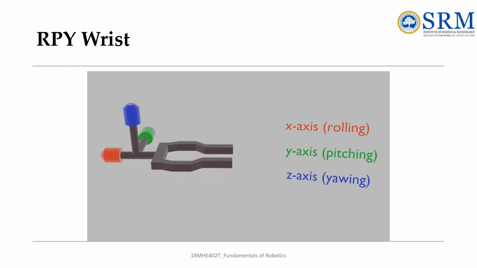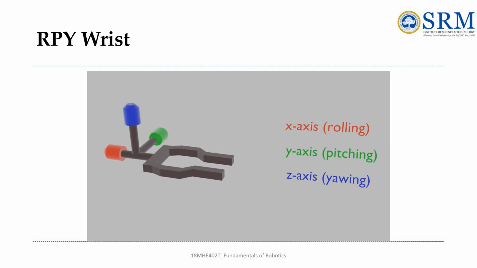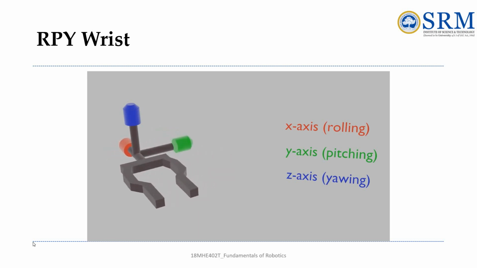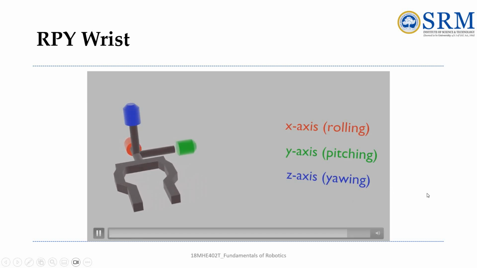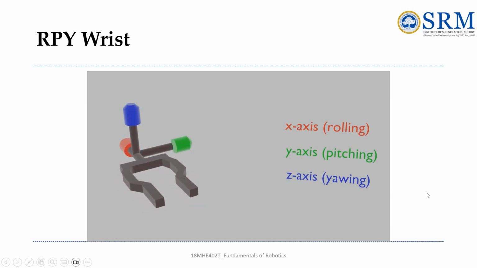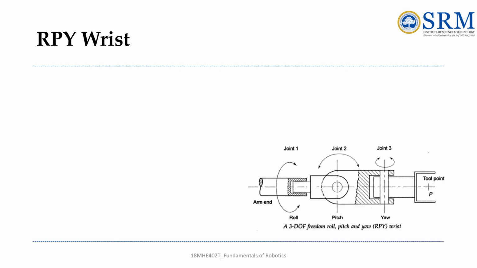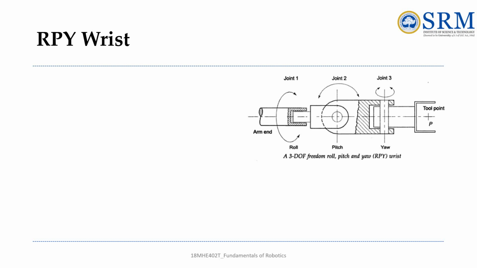Okay, so these are RPY wrist movements. Okay, so this RPY wrist can be described using the DH parameters as well. Okay, so that is Denavit-Hartenberg parameters.